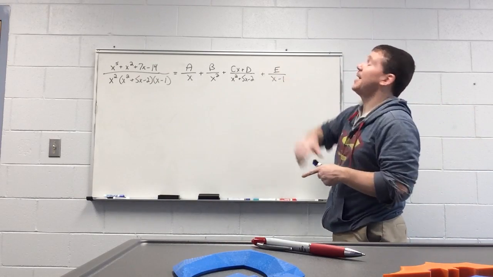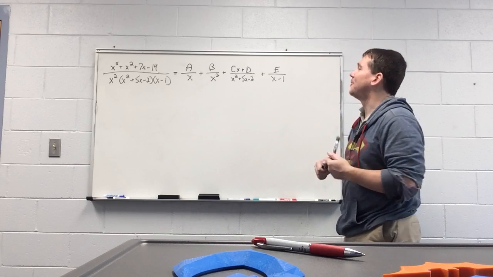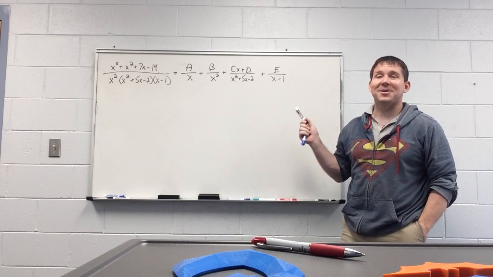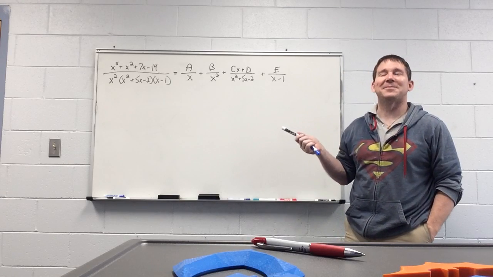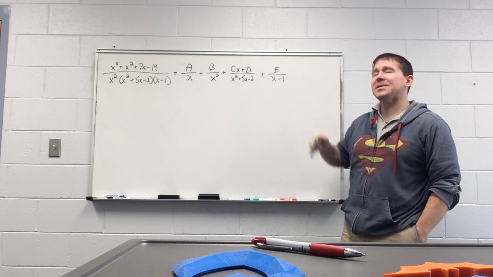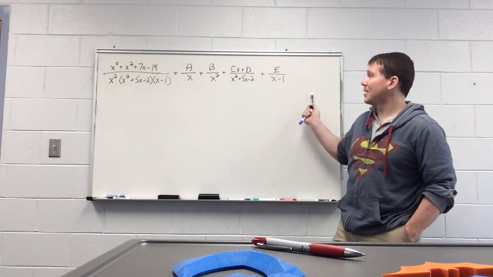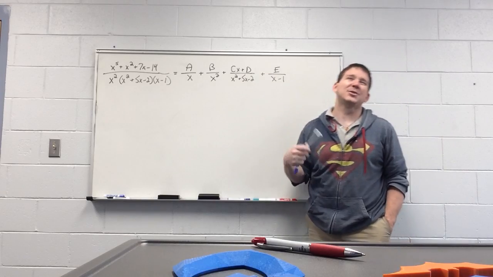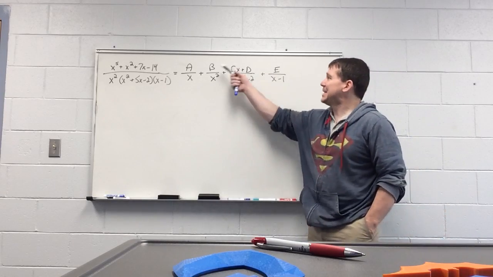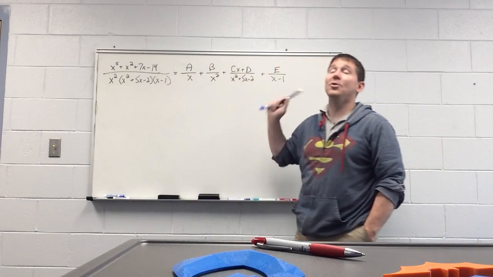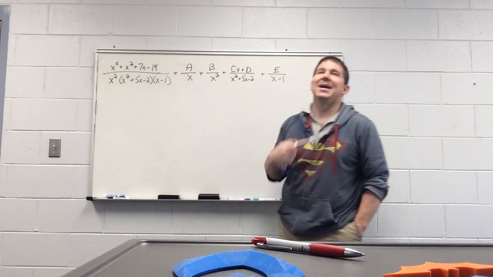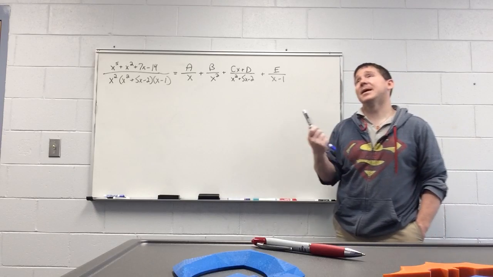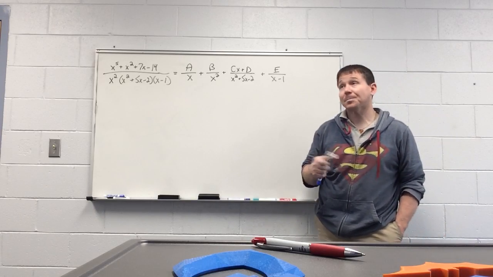Okay, now I have 5 constants to solve for, which just means I need 5 equations. I'm not going to solve this, like I said, because this board would need to be big enough to write it all out, but the principle would be the same. Find the common denominator, the product of all of those, multiply appropriately, FOIL, distribute, do all the algebra, then set the whole new numerator you get equal to the original numerator, equate all the common factors by power, and then solve the system of equations.